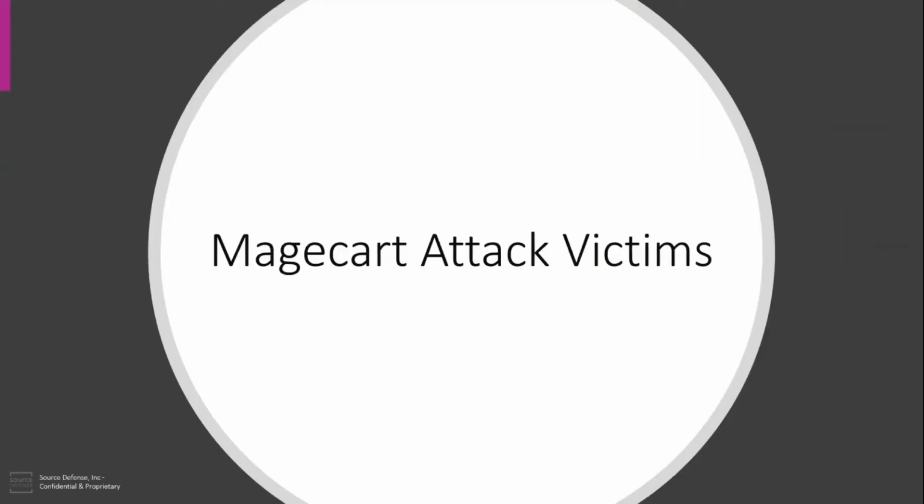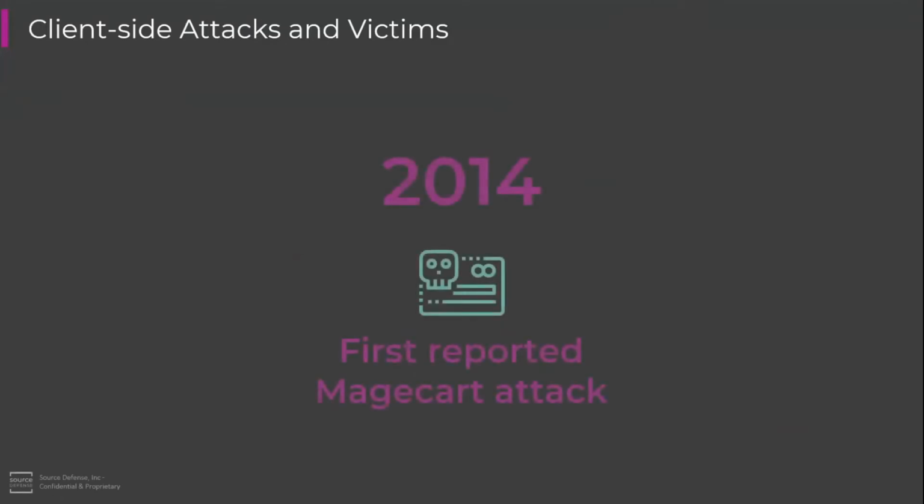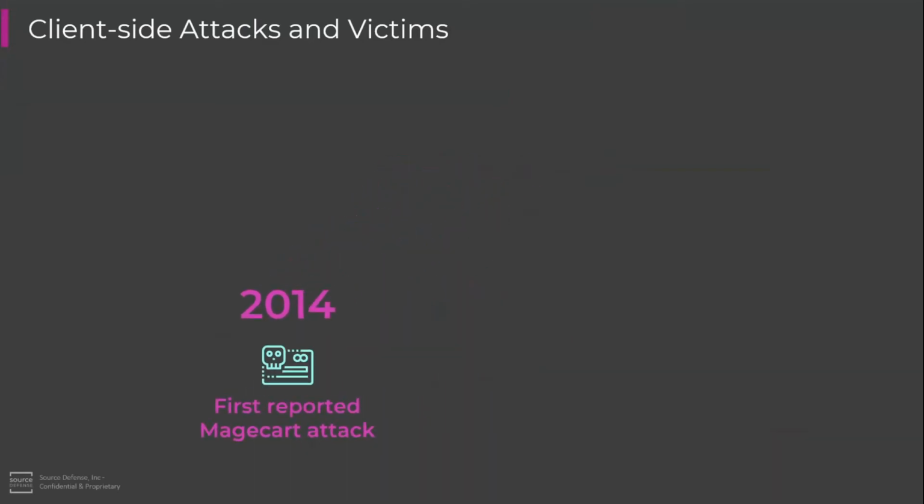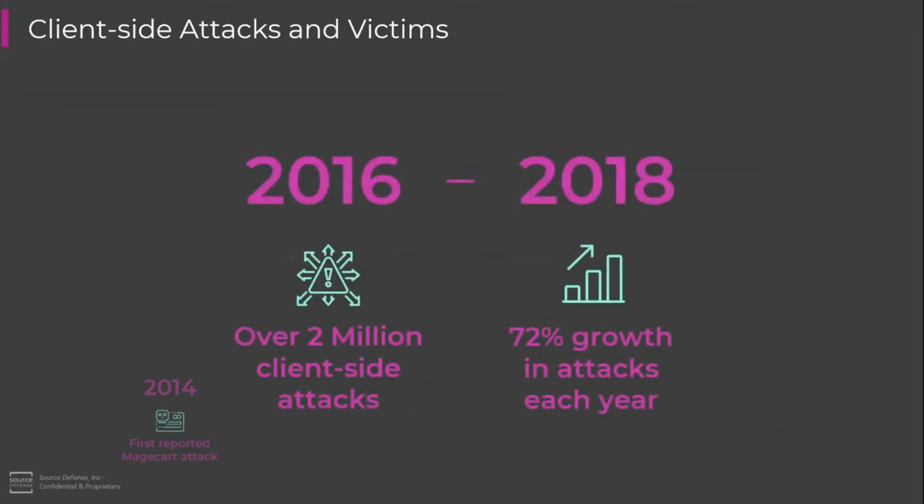So let's look at some victims of Magecart attacks. We mentioned a couple while we were looking at the groups, and a little bit more on the history of the attack as a whole. I mentioned for about 7 years or so, Magecart attacks have been known. The first one was reported in 2014. For years that we have statistics for, we know that over 2 million client-side attacks took place between 2016 and 2018.